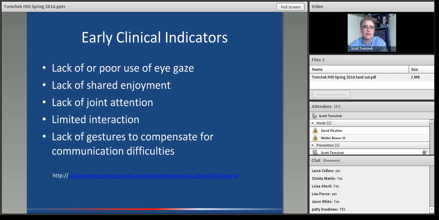If we look at overall interaction, families will tell us early on, Johnny seems to be in his own little world. He prefers to play on his own. These are all real early indicators. And I think some have a misconception that it's just the verbal communication that is lacking or delayed in younger children.